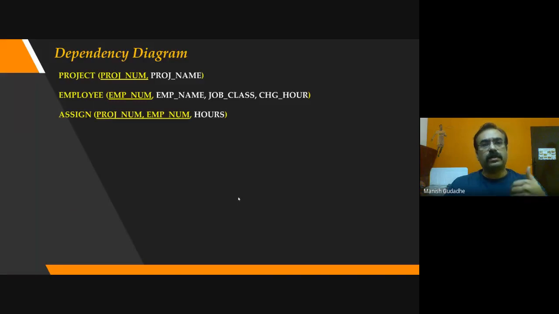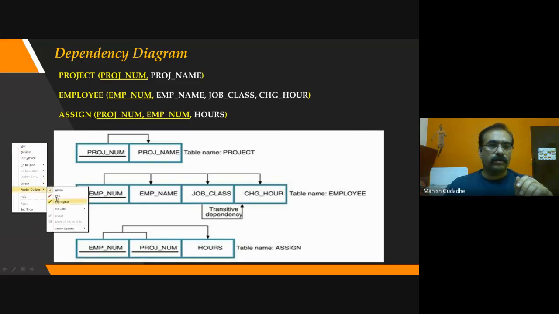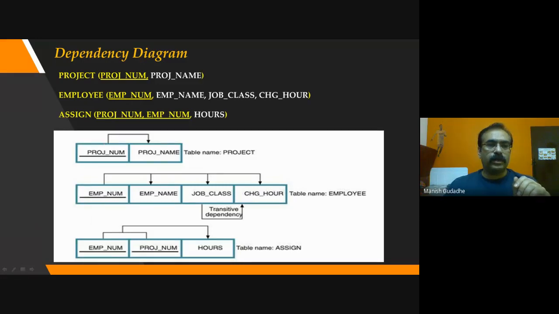Now this is the same example. We'll try to draw a dependency diagram and we'll see whether we are having any partial dependency or we have all fully functional dependency in that. Now you find out the first one. Project number is determining project name. So project name is fully functionally dependent on project number.